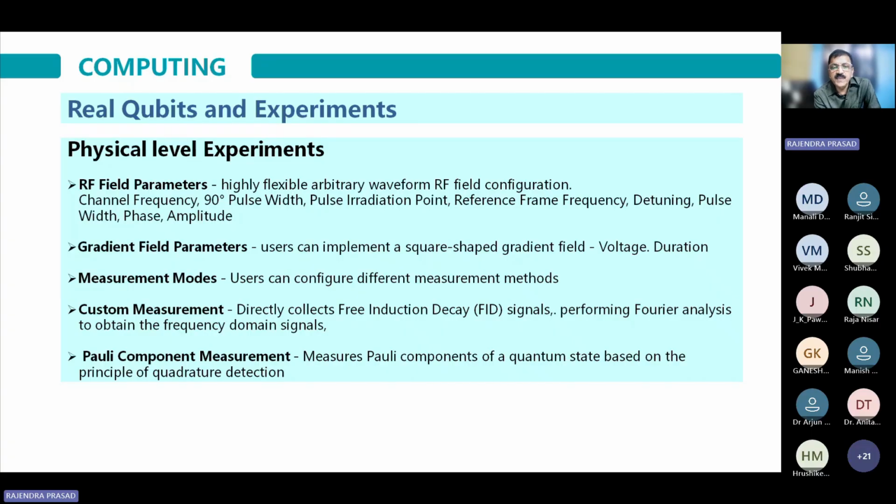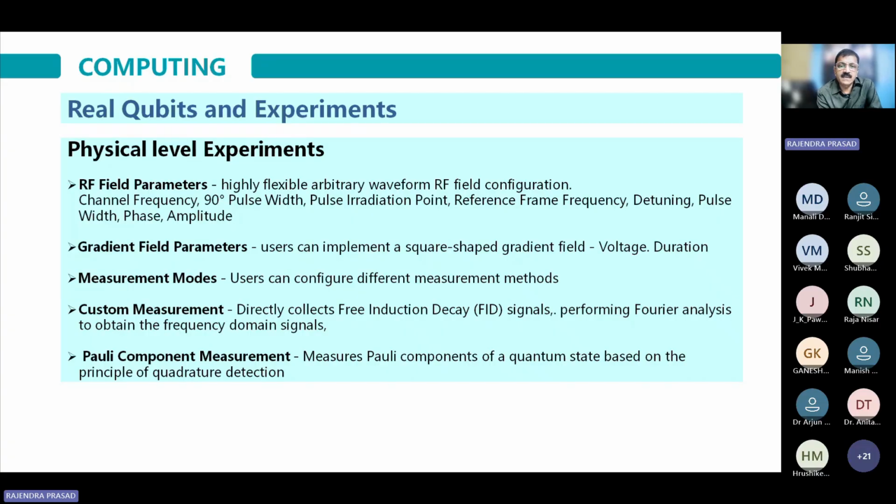So each qubit, or generally 1 or 2 qubits only per system, will be controlled, and pulses are given through the RF system. So there will be RF communication. So that is necessary to understand.